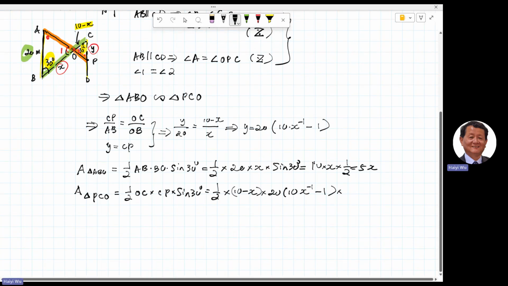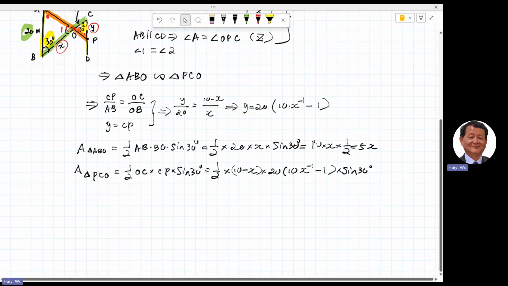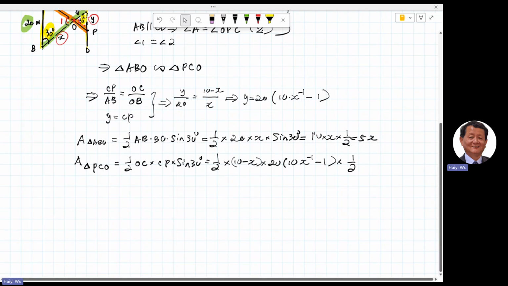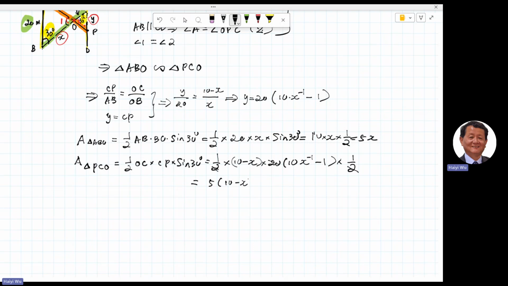Then times sine 30, which is half. And we're going to cancel a few things. So 2, 4 cancels with 20, which is 5. All right, 10 minus x, 10x to the power of negative 1 minus 1.